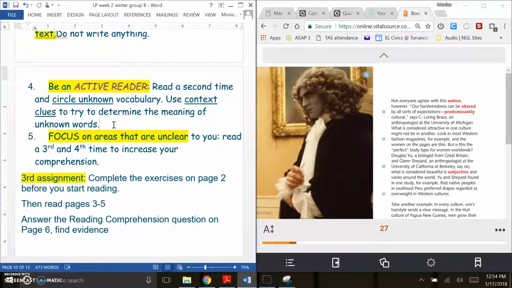So please do not use a dictionary when you read. If you use a dictionary when you read, you will never finish reading. And it's also boring and you're going to feel really bad about not understanding. So please do not stress out about not understanding some of it.